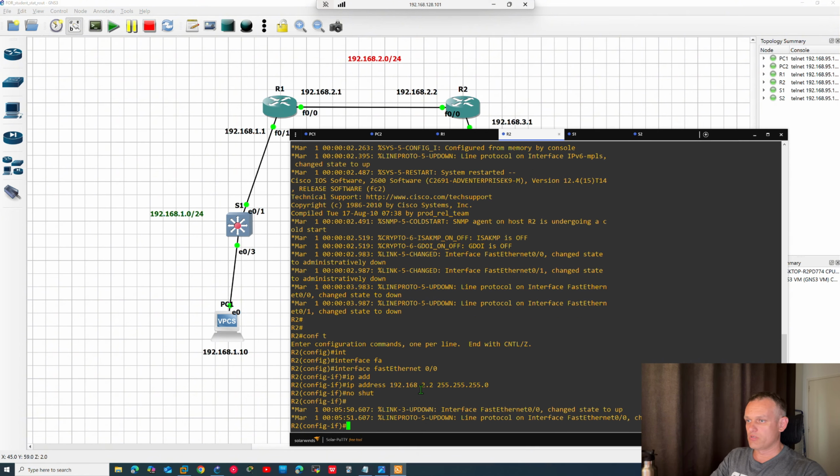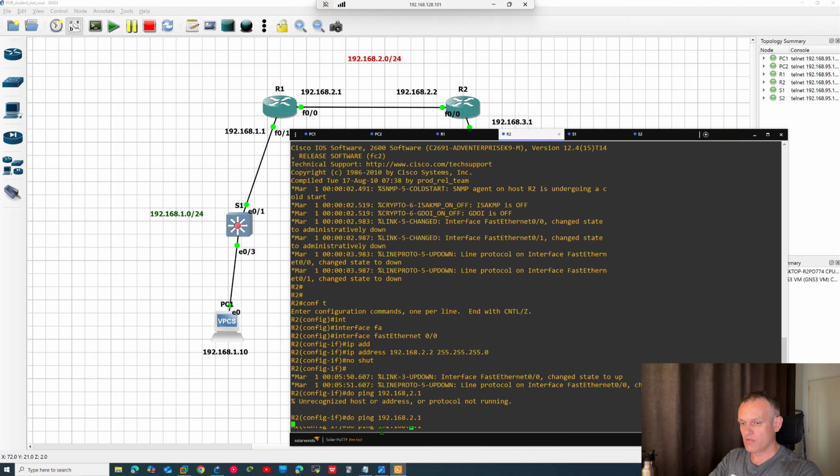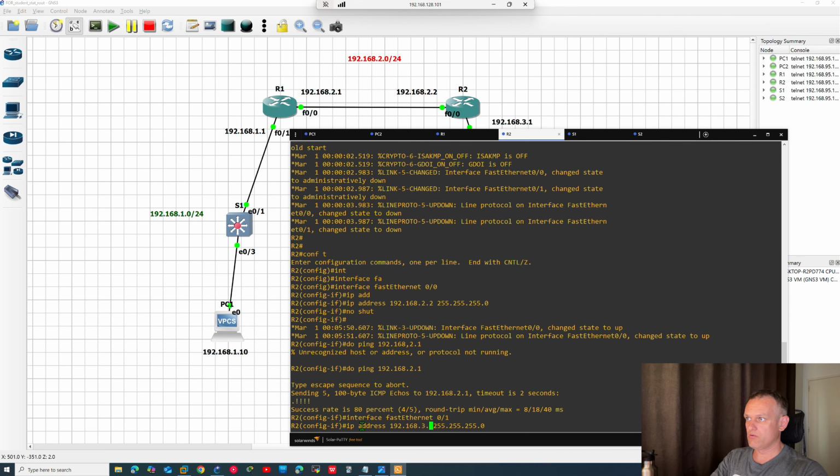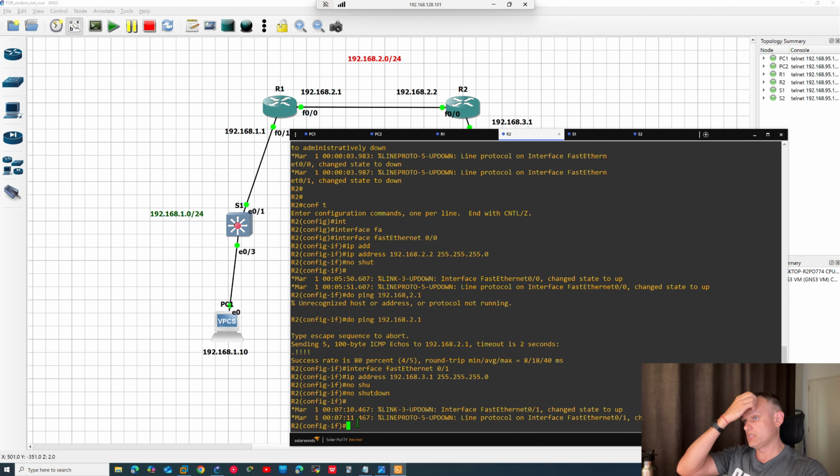Then of course check the connection between the two routers. 5 of 5, yes, we have this connection between these two routers. Then I'm going to configure on this router also the default gateway for the right side, for another network. It's up. Okay, all of these have IP addresses.